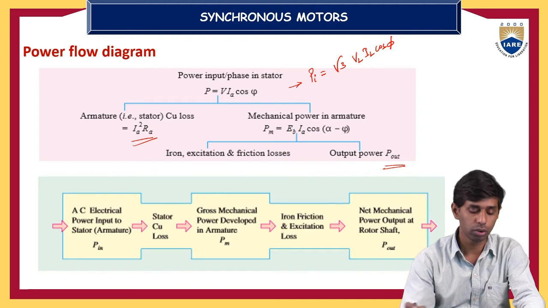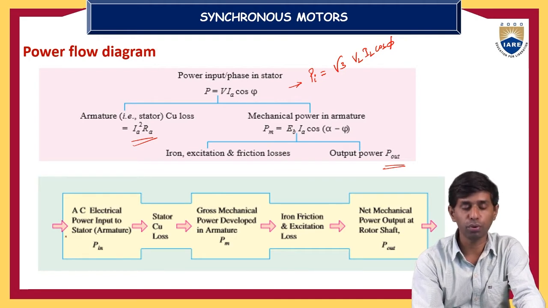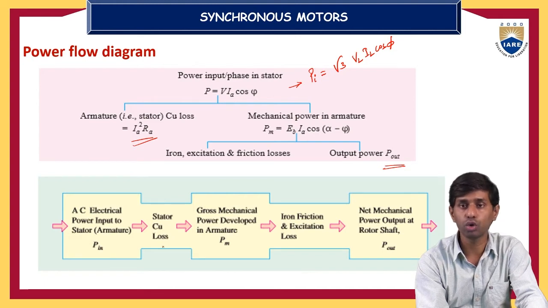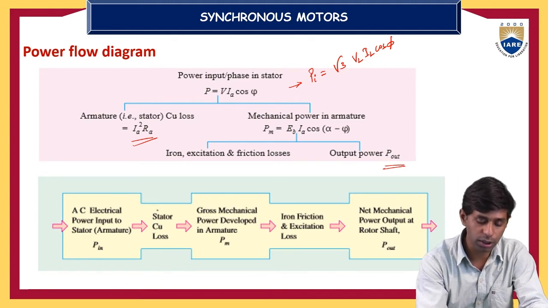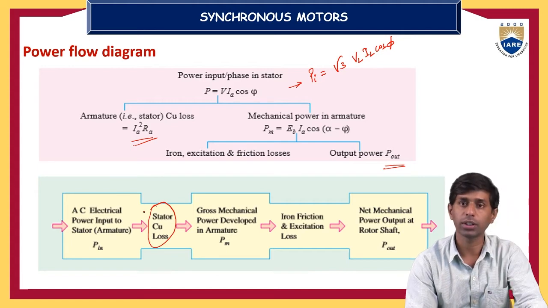The rest of the power is given to the output side. We can also see this in the power flow diagram: the AC electrical power input to the armature, that is the stator, is converted from electrical energy into mechanical energy, called the gross mechanical power developed in the armature. In that stage we have losses due to winding resistance, called stator copper losses.